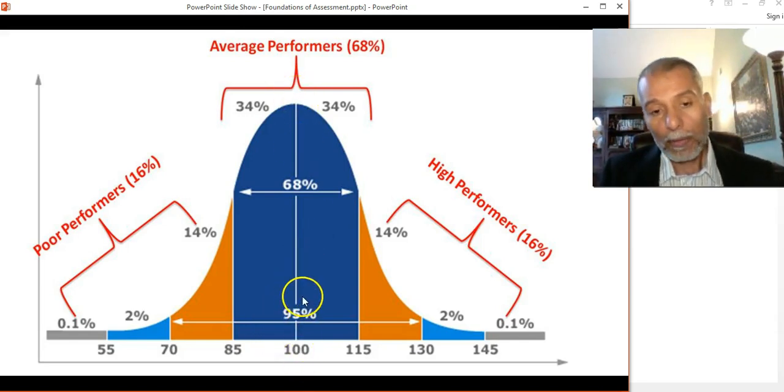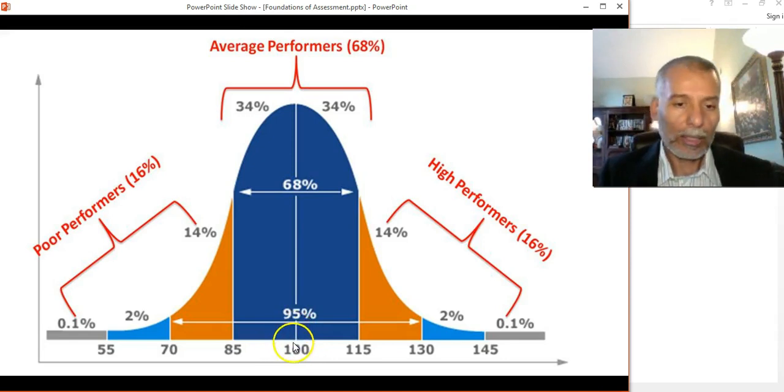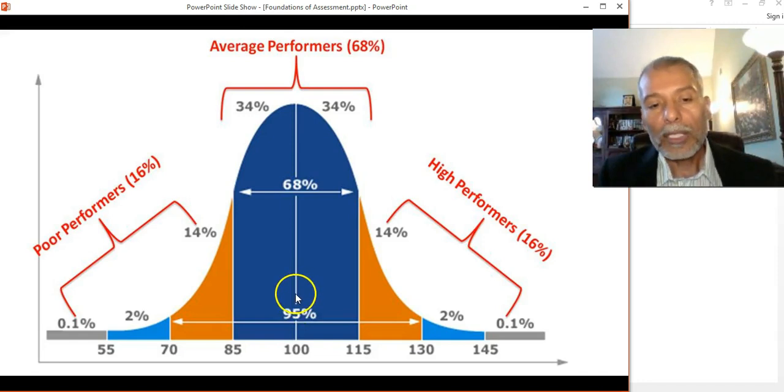Then, if you go above, to the right of the mean, there's a distance here. Say, here's 100, that's a standard score. I'm going to explain to you. You go 15 points to the right and 15 points to the left. So the 15 points to the right show you, from the mean to the right, where more than 50% of the population are going to do.